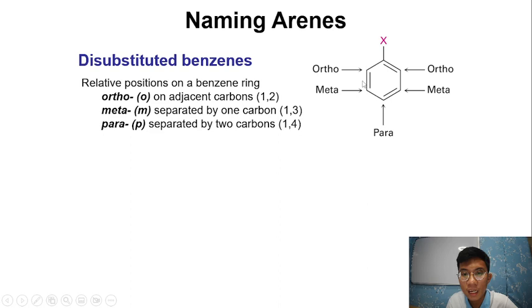Okay? Then, one carbon away, yung separation nila, so you call that your meta. Yung opposite, magkatapatan sila, that's para.